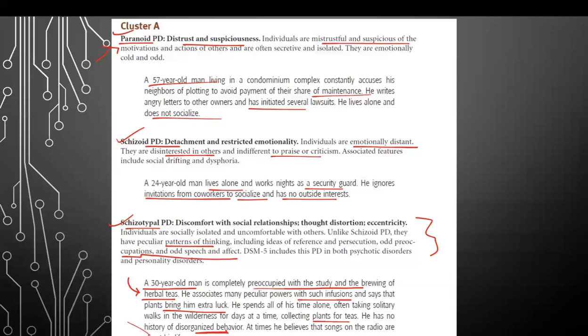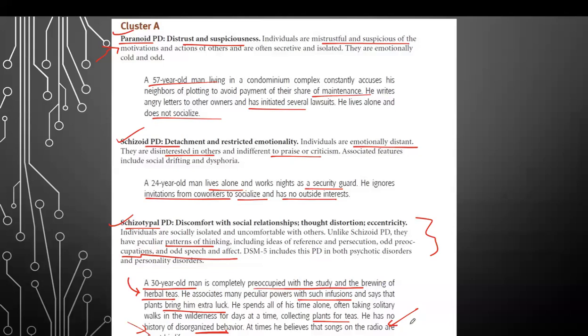Now that rules out schizophrenia. At times, he believes that songs on the radio are about his life. If someone thinks that TV, newspaper, or songs are talking about them, that is what we call thought broadcasting. Or if a patient thinks that people are talking about him all the time, that's also known as idea of reference or delusion of reference. This kind of patient can also have this behavior.